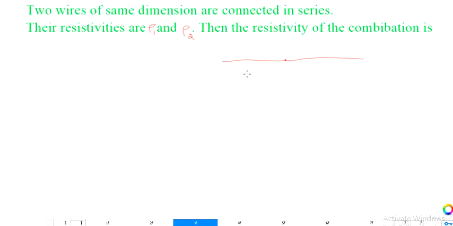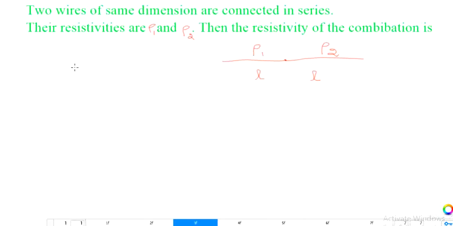Both are connected in series, and both have the same length L. Therefore, the total length is 2L, and the area of cross section is the same. The specific resistance of one is rho 1 and of the other is rho 2. Different material, but same dimension.